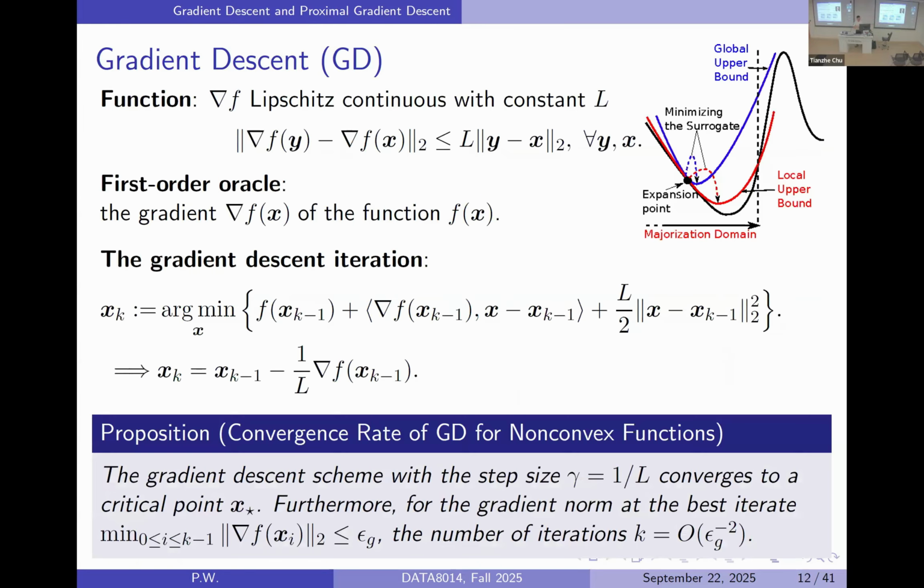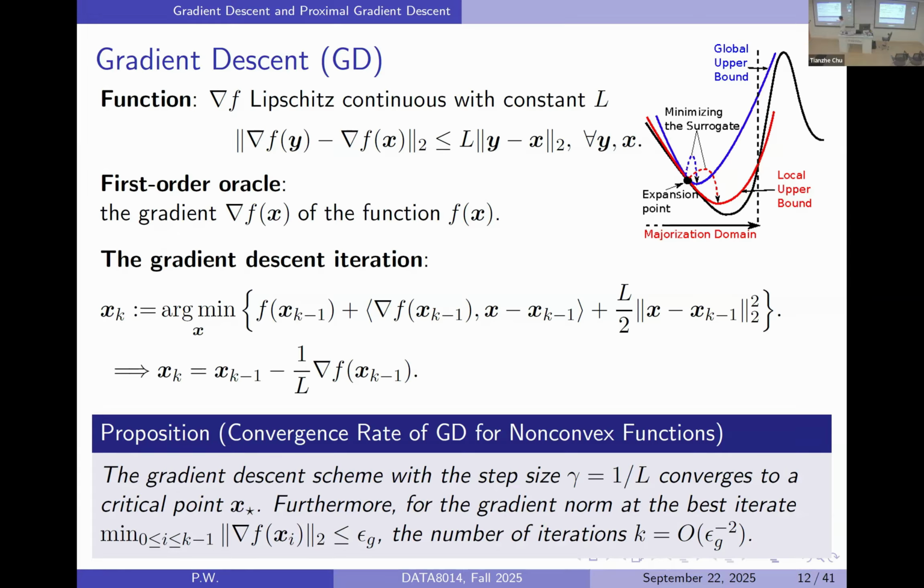Actually, it has been well studied. The convergence rate of gradient descent for optimizing a smooth non-convex function is rather well understood. That is, gradient descent with step size gamma equal to 1 over L converges to a critical point x star.